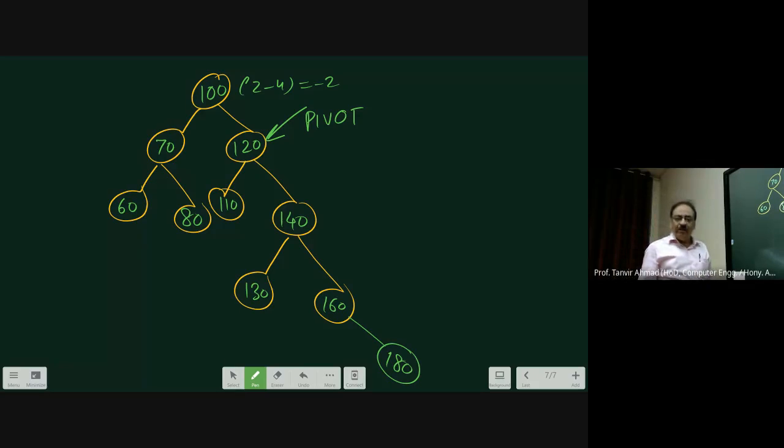Now, what is right of pivot? It is 140. Now I am inserting in the right subtree of 140. In the right subtree of 140. Now, in this case, this was the right subtree.